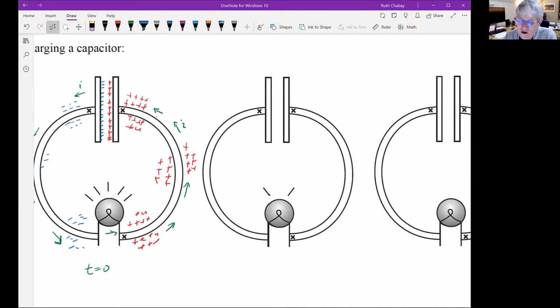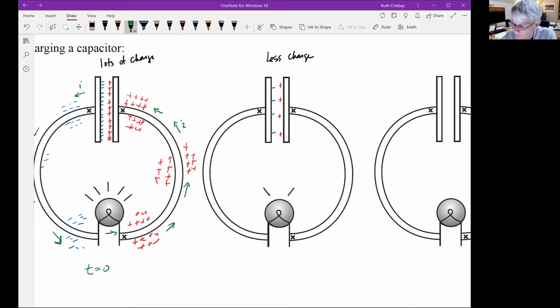Since we have negative charge flowing onto the positive plate of the capacitor, that's surely going to make the positive plate a little bit less positive. And we have electrons flowing off the negative plate. So we're going to have less charge, and less charge means a smaller field.